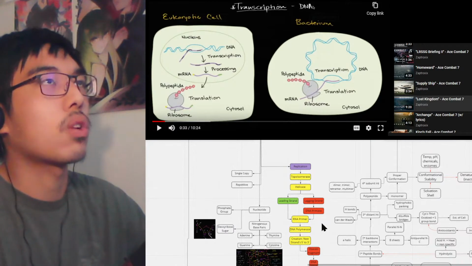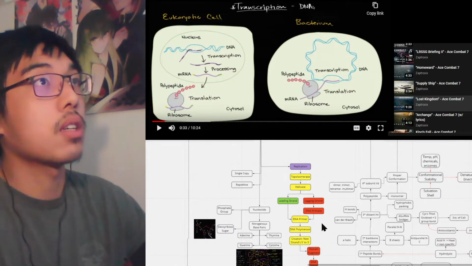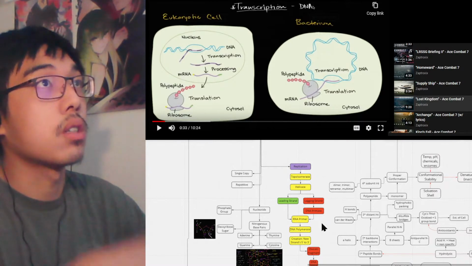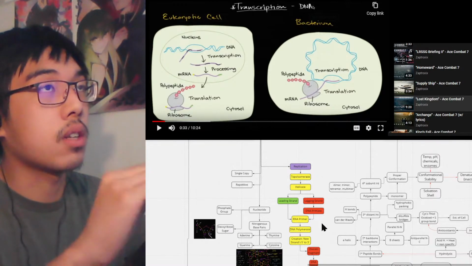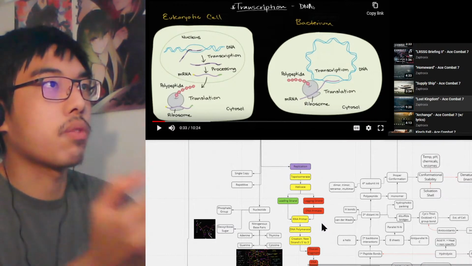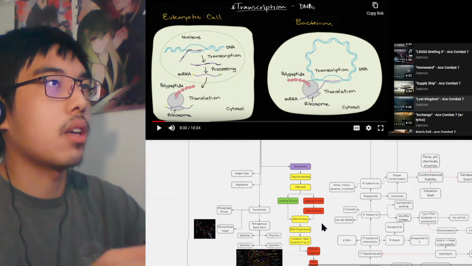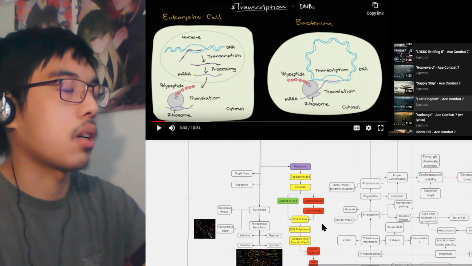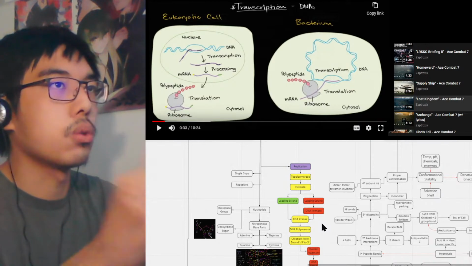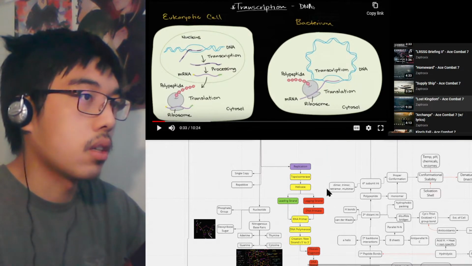But because the lagging strand has the unique property of being tedious as hell, we need to spam a ton of RNA primers so that we have this list of things that we can build DNA from and then glue together to make a proper DNA strand.